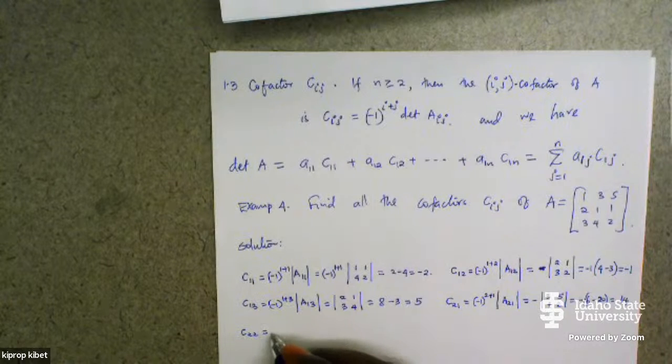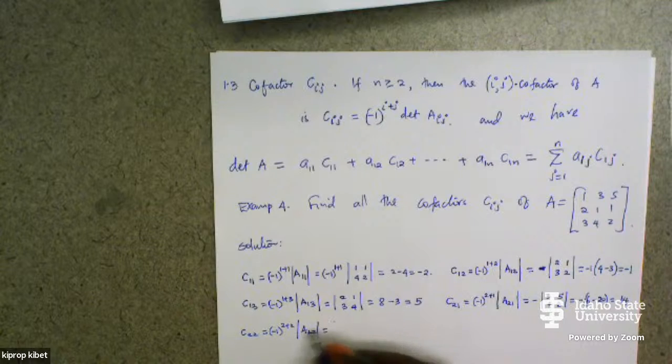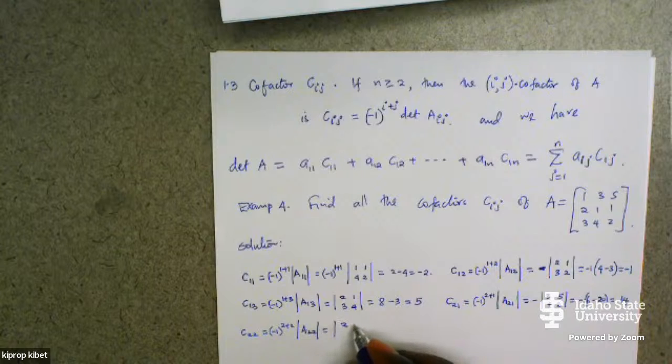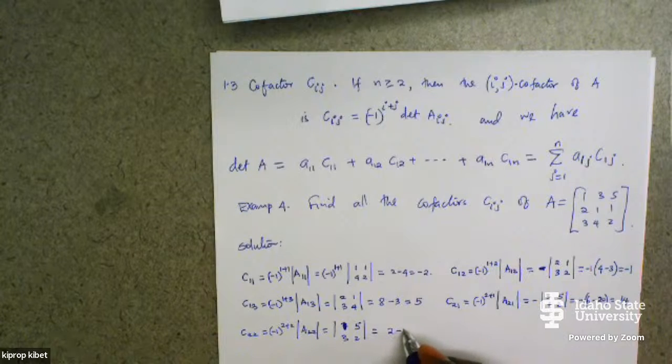Next, C22 is equal to (-1)^(2+2) times the determinant of A22, that is positive, the determinant of 1, 5; 3, 2, which is the same as 2 minus 15, which is minus 13.